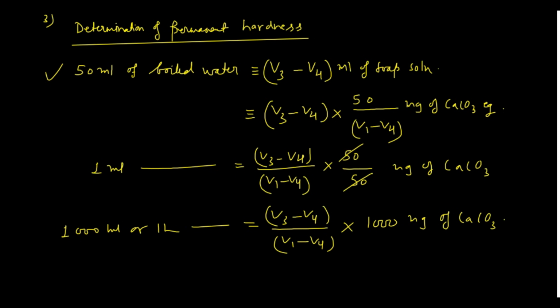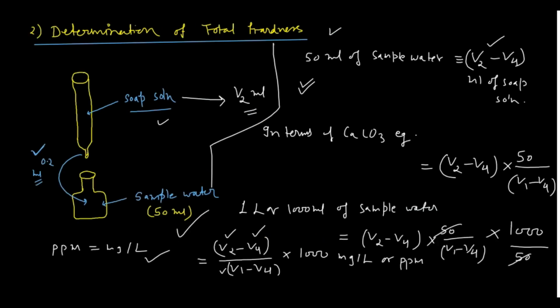So this will be your total hardness. The only difference in the two expressions is that here you are using V3 minus V4 divided by V1 minus V4 multiplied by 1000. In the earlier case, you had V2 minus V4, nothing else. Check here, V2 minus V4, right? This is something very, very important.